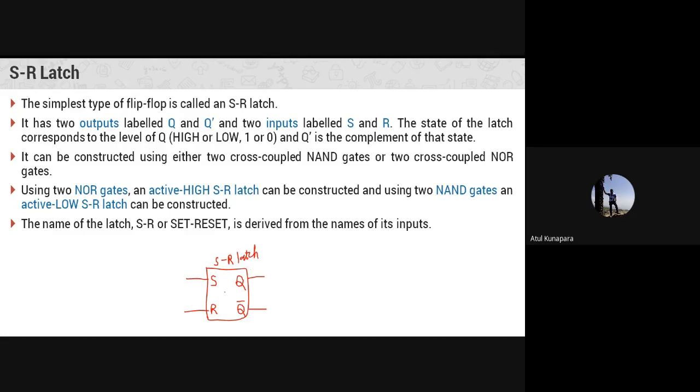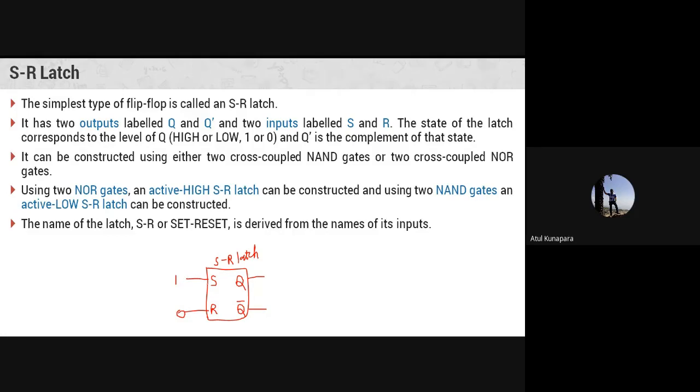Now, what is the working of this? In this latch, there are two outputs, Q and Q bar. So what data you are getting at this output Q decides what you are doing. That is what you are making the change of output, that is, whether you are setting the output data or resetting the output data. It means, for example, you are giving the input here S equal to 1 and R equal to 0. That is, we are giving the signal at the set.